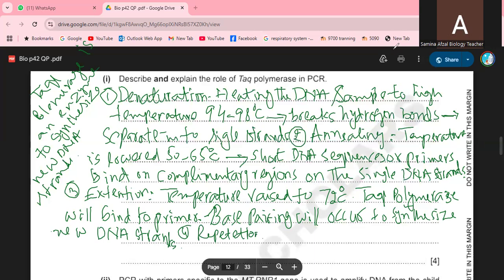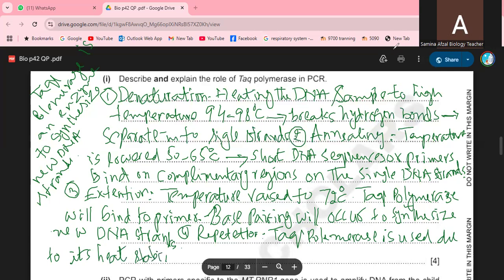So in this way, you can see Taq polymerase is used in PCR due to its heat stability. That is, a high temperature is required during the PCR reactions.